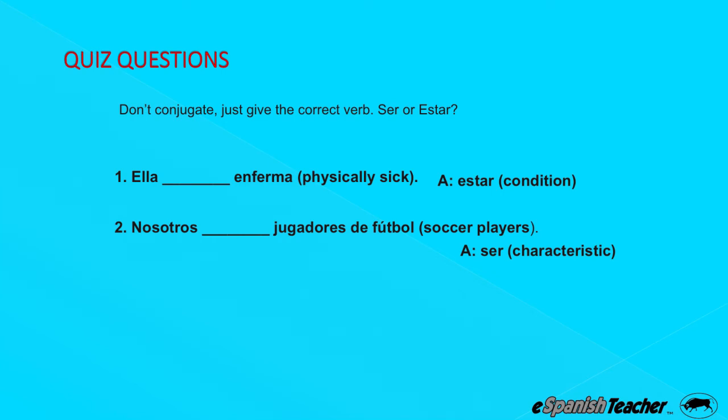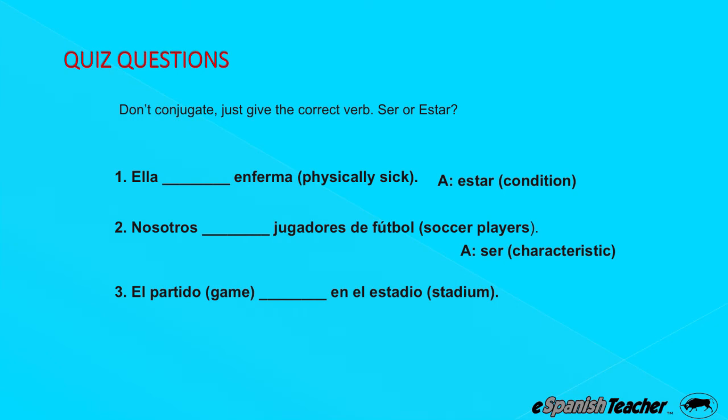Likewise, if you are studying a field of expertise and you hope to someday become a professional in that same field, this is a characteristic about yourself that is not likely to change. If you were to say, I'm a doctor, yo soy médico, you are a doctor. That's part of who you are, and it's not just going to change from moment to moment like the above example of being sick. So that's the best I can do at explaining the difference between a condition and a characteristic. A characteristic is more permanent.